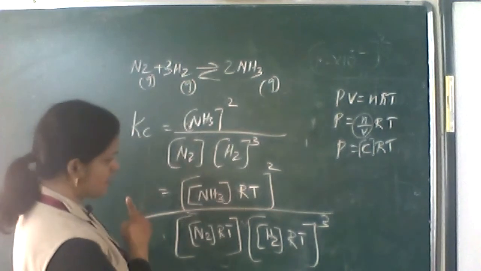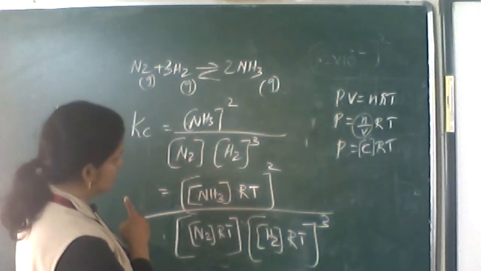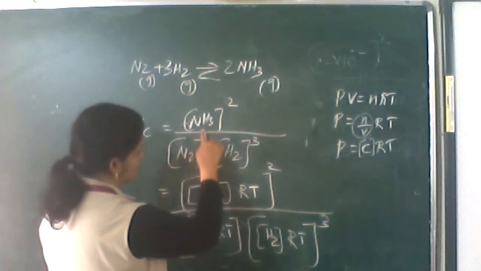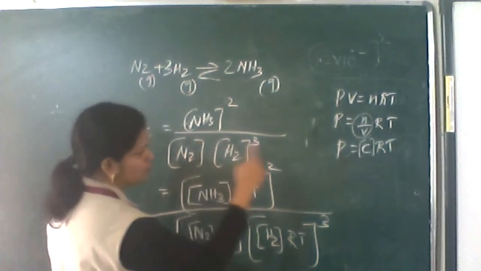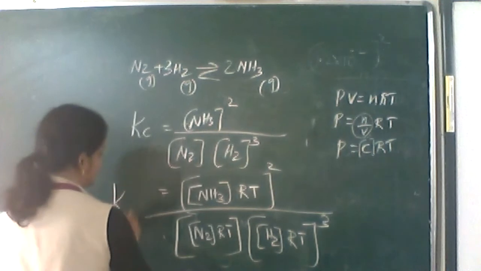This is Kc. This concentration I am changing in terms of pressure, then I'll write it as Kp.